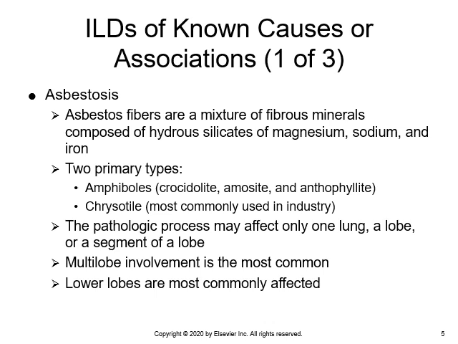Exposure to asbestos may cause asbestosis, a common form of interstitial lung disease. Asbestos fibers are a mixture of fibrous minerals composed of hydrosilicates of magnesium, sodium, and iron in various proportions. There are two primary types, amphiboles and chrysotiles.